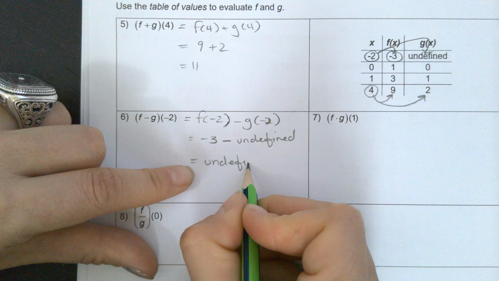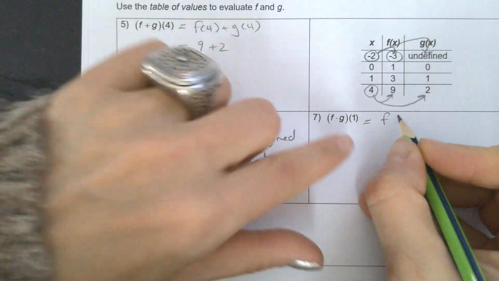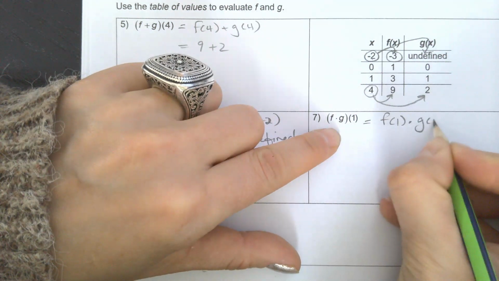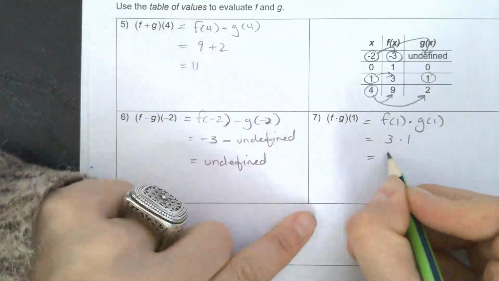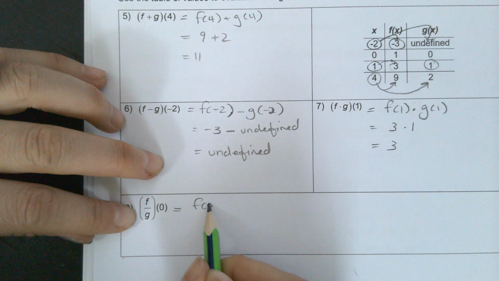Okay, let's do multiply. I'm going to do f of 1 multiply g of 1. So if x is 1, g of 1 is 1. So that's 3. So now we're going to divide. f of 0 divide by g of 0.